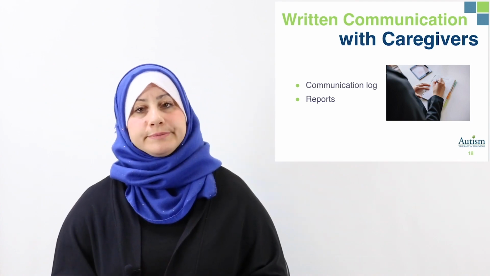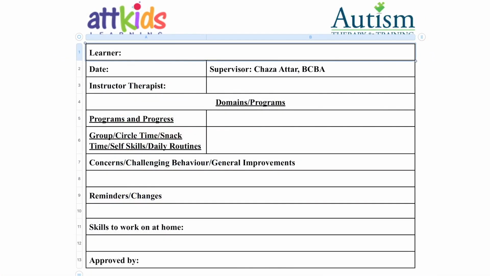Here's an example. All right, so I'm going to walk you through how to write a communication log. And the key here is writing things effectively and getting the message across appropriately. The thing that I want you to really focus on is, one, you want to make sure your grammar and syntax is good, you're using capitals and periods, and things like that.